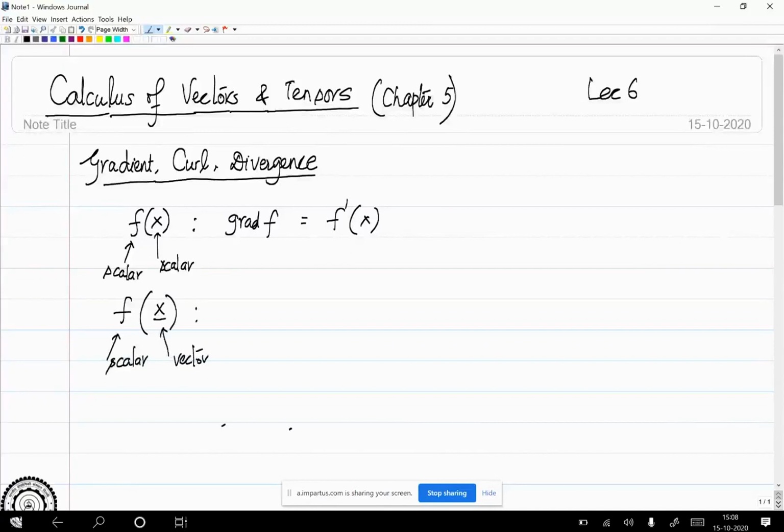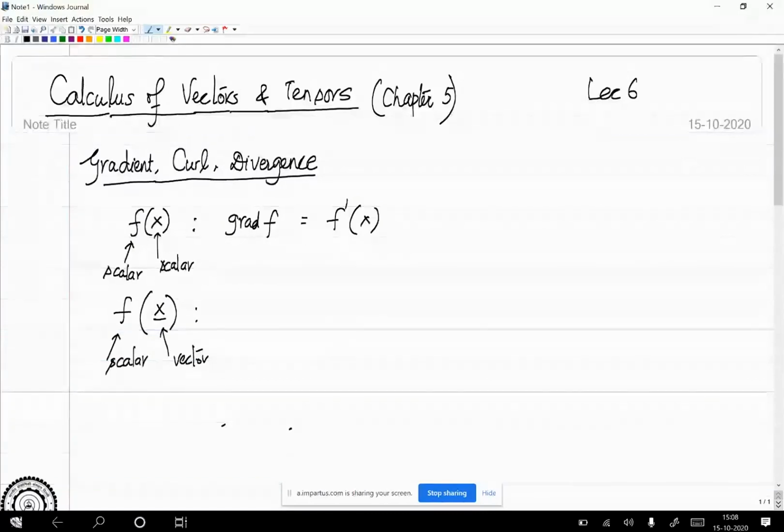So are you aware of such functions? Can you think of any function which is a scalar function but whose argument is a vector? Well, let's get more basic.